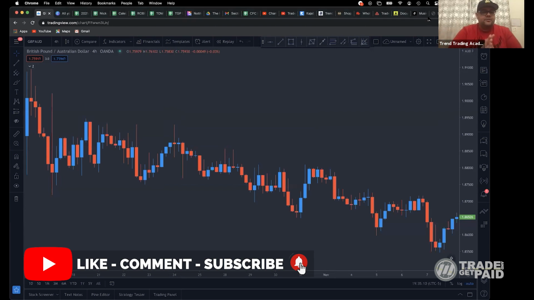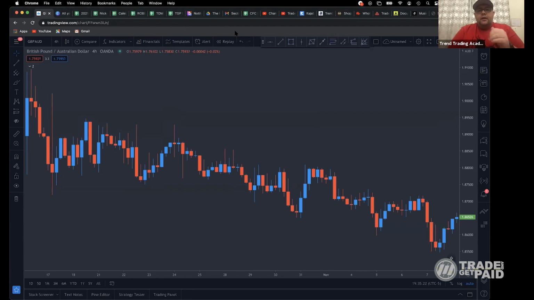You already know I love GBP AUD. So here's what I want to know. Based on what's on my screen right here, what does this look like to you? Does this look like a consolidation, an uptrend, or a downtrend? Let's go to beginner class for a moment. Based on what you see on the screen, that looks like a downtrend.